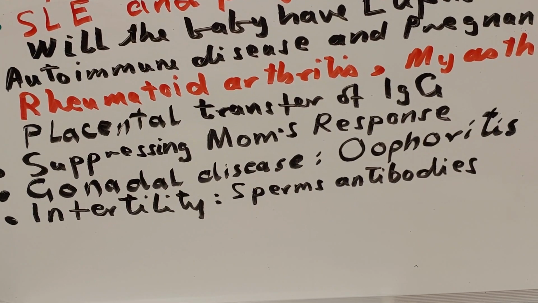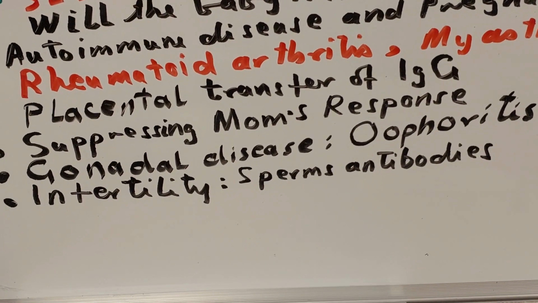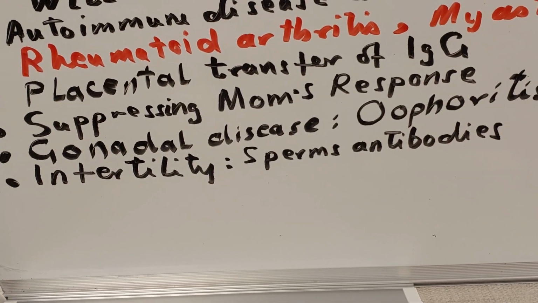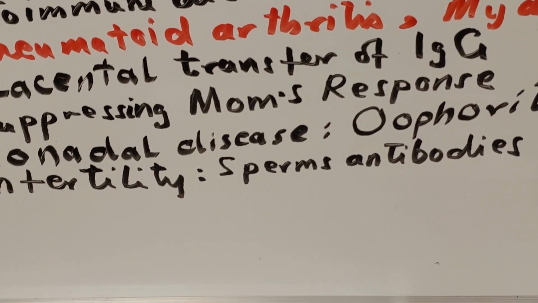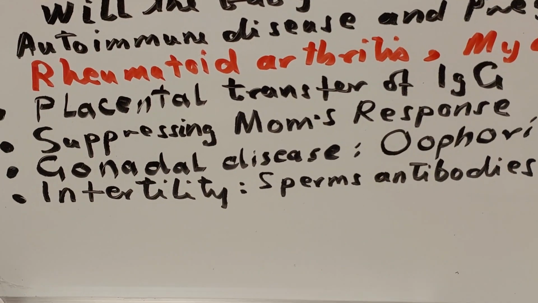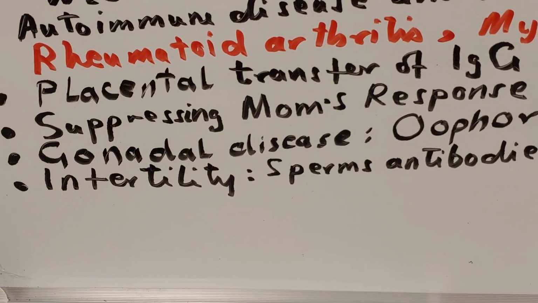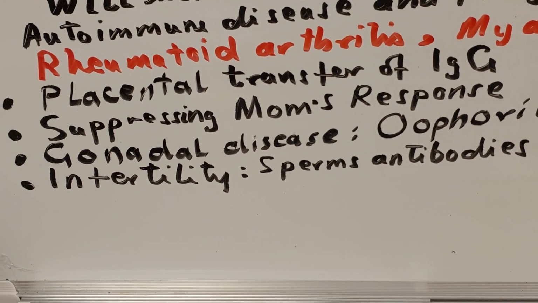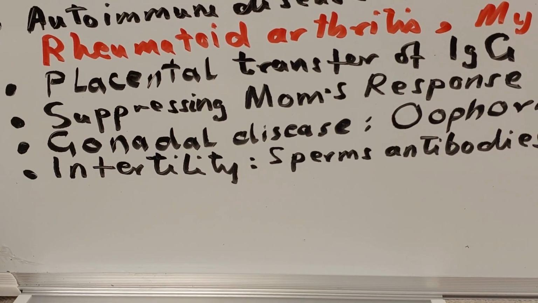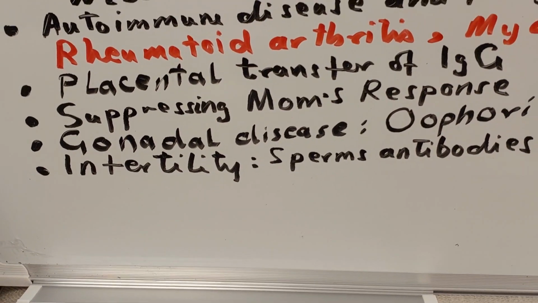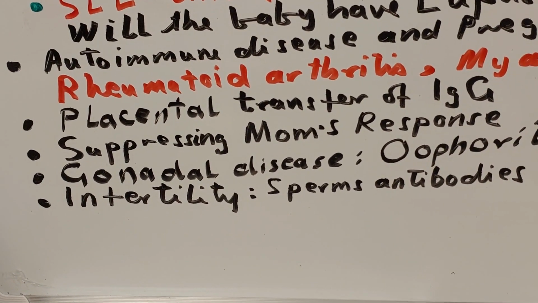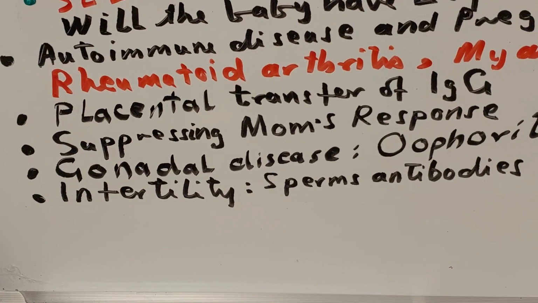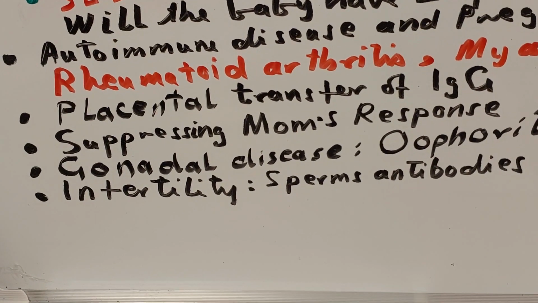Infertility in men is associated with antibodies against sperms, and as you know, sperms are sequestered antigens. They should not be seen by the immune system, similar to the cornea.